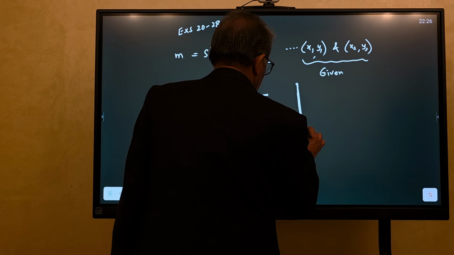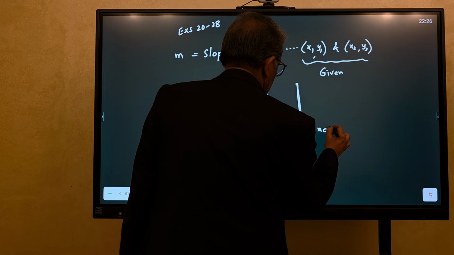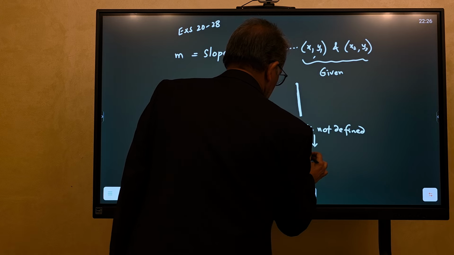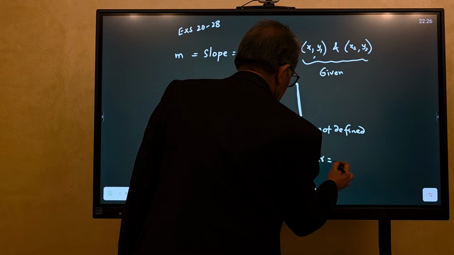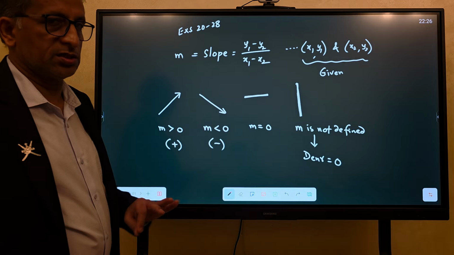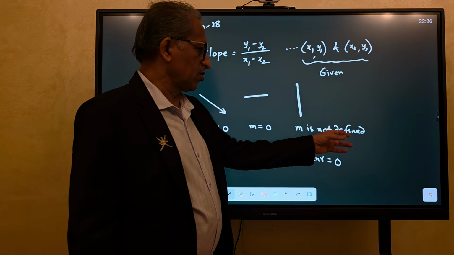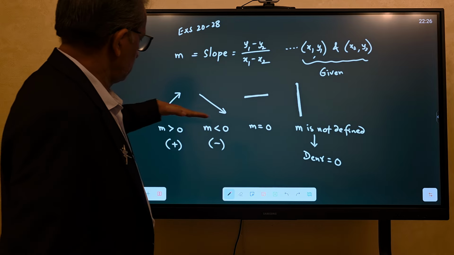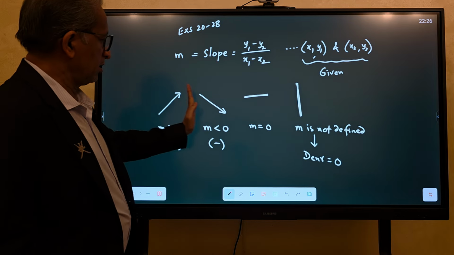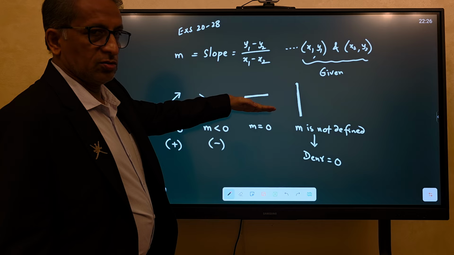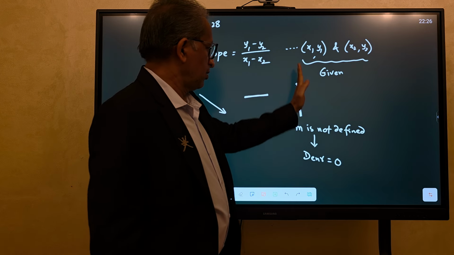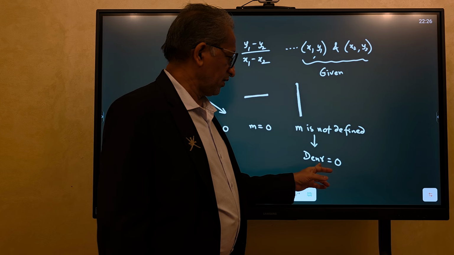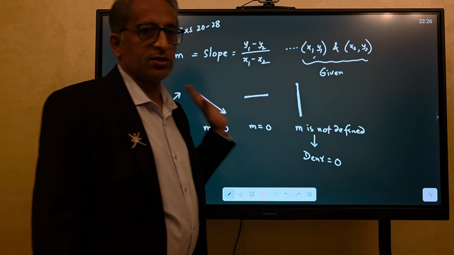When it is so, remember, m is not defined. Not defined means the denominator becomes 0. If the denominator is 0, the slope is not defined, and the line is perpendicular to the x-axis. So positive means increasing, negative means decreasing, 0 means not increasing and not decreasing, and vertical means the slope is not defined because the denominator will be 0.